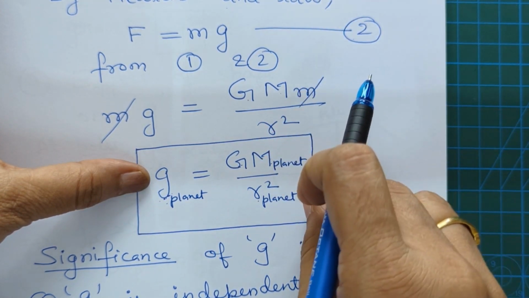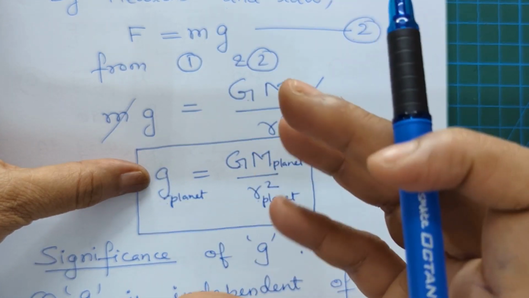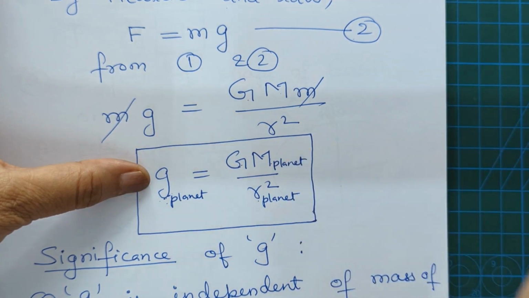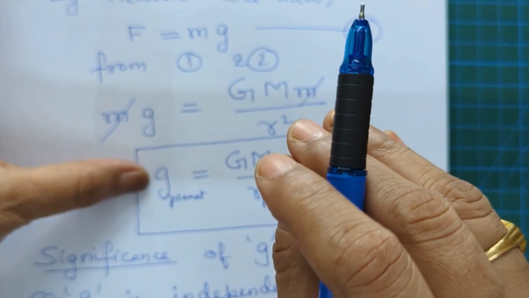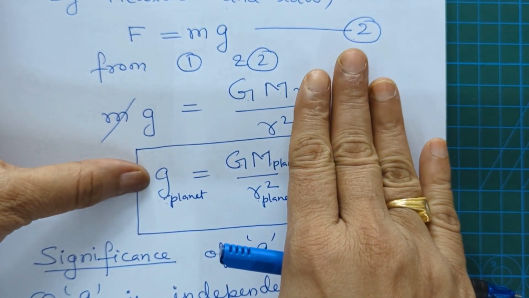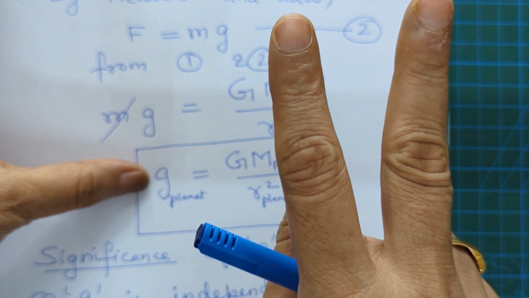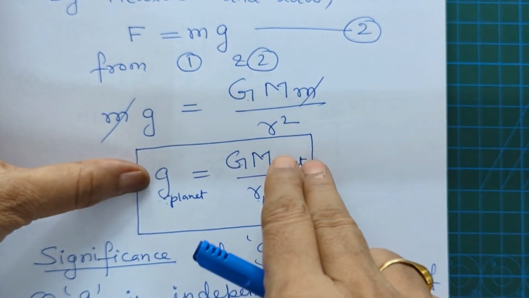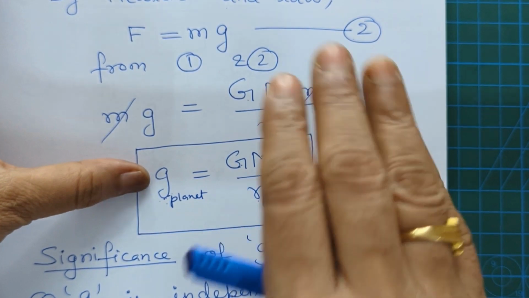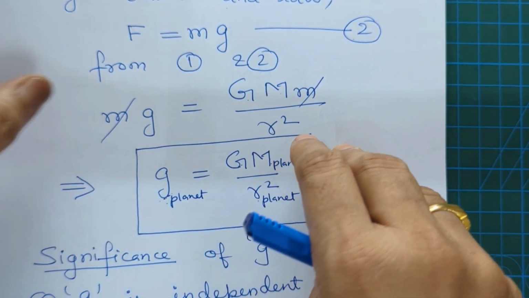That is the reason a heavy boulder and a feather or a paper, if dropped from the same height at the same time in a vacuum, both land on the surface of the planet at the same time. Both bodies are accelerated with the same acceleration due to gravity. So the speed is the same, the time of start is the same, so the time of finish is also the same.